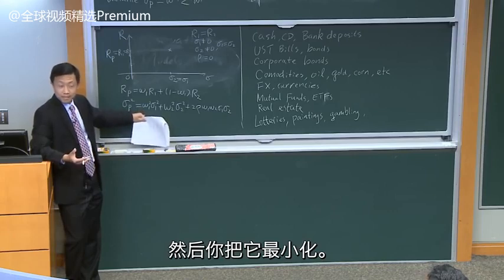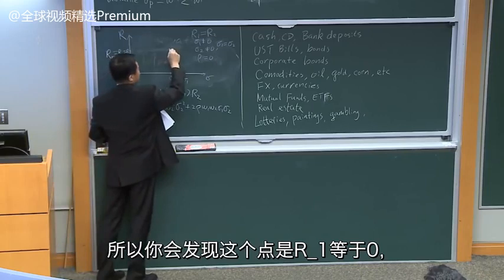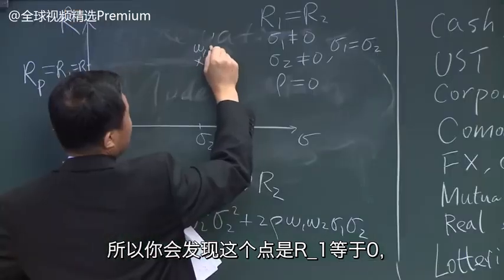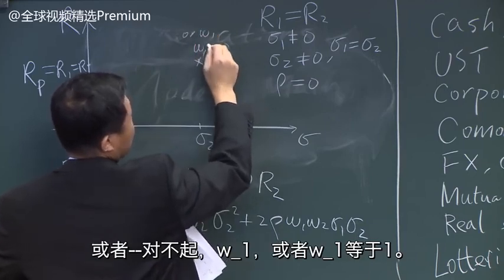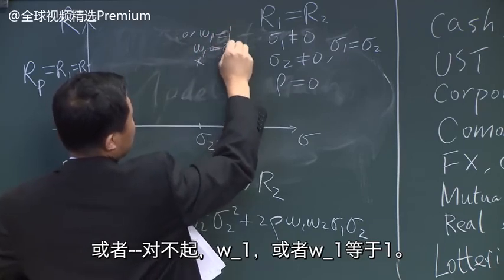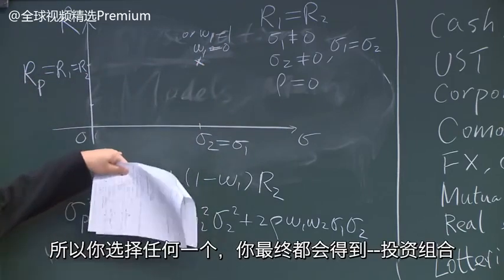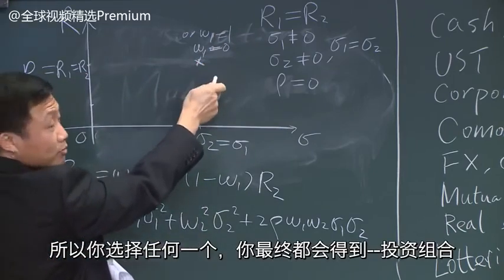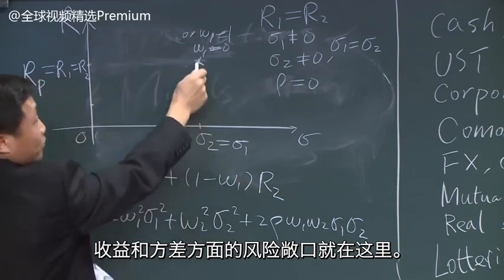And then you minimize that. So at this point W1 equal to 0 or W1 equal to 1, you're at this point, right? Agree? So you choose either. You will end up with the portfolio exposure in terms of return and variance right here.